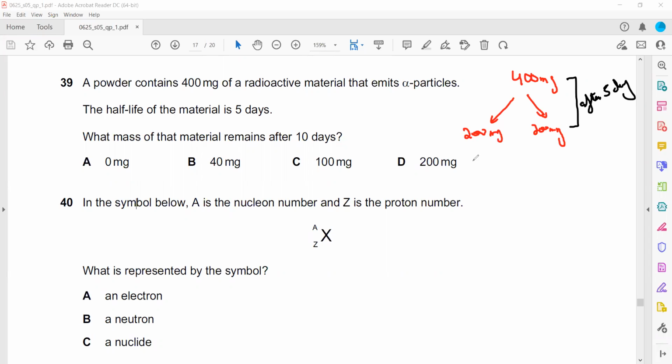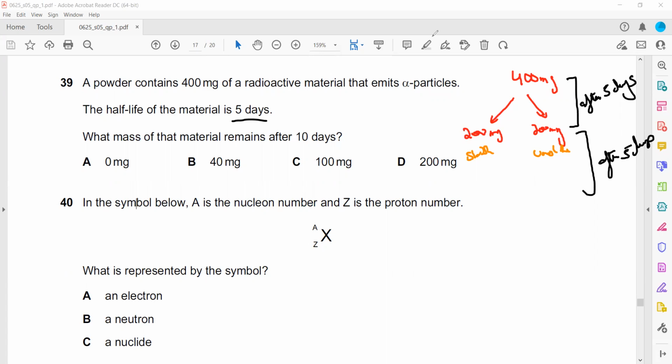The stable one does not decay. The unstable one will continue to decay. Then after another 5 days, because the half-life is 5 days according to your question, it will be half of its original.